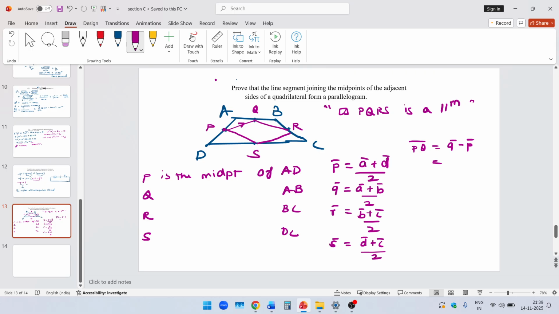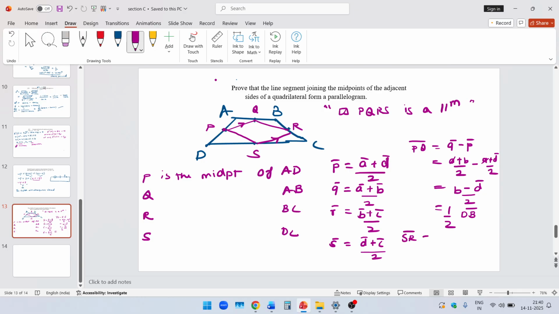So PQ bar will be A plus B upon 2 minus A plus D upon 2. A will get cancelled and you will get B minus D upon 2. This is half of DB bar.